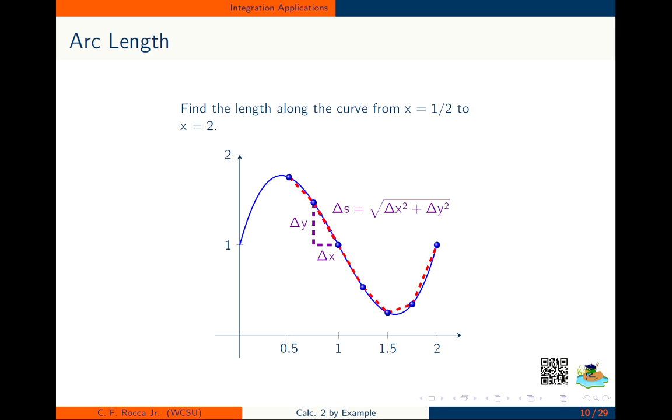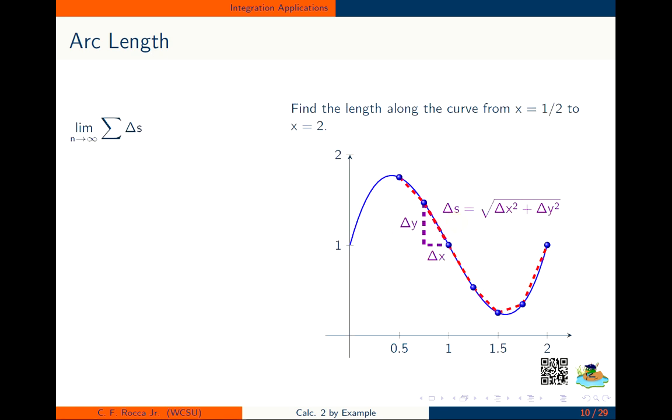So this is the formula that we would use to find the length of each of these individual little lines. To approximate the distance from the first point to the last point, we're going to add up all those little delta s's, all those little distances from one point to another. But then we're going to take the limit as the number of lines in our approximation goes to infinity.